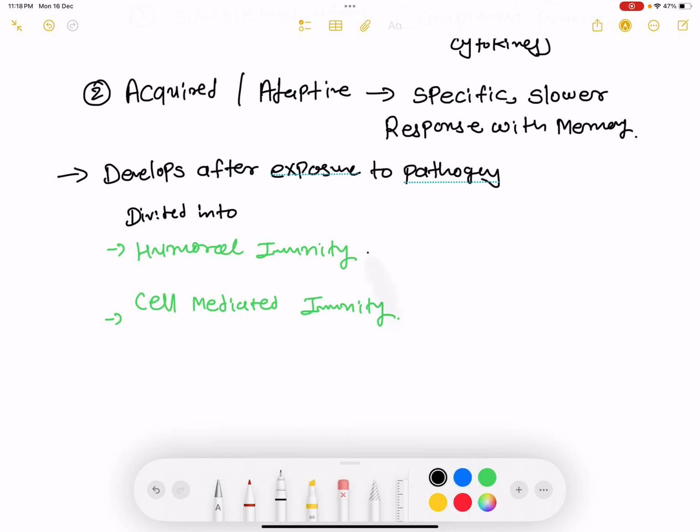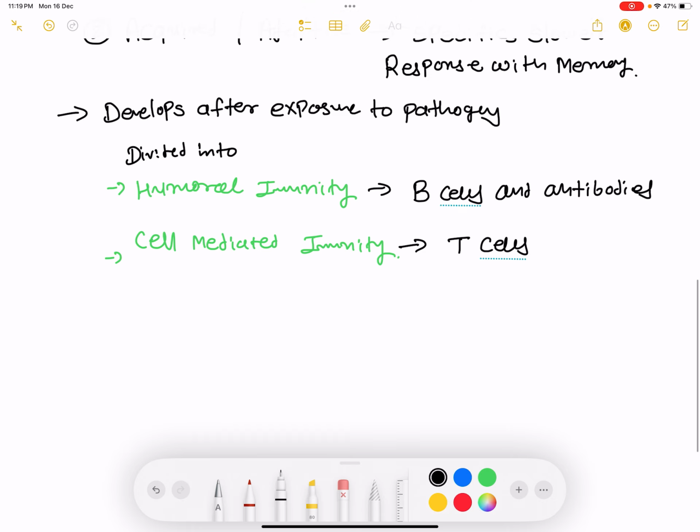Humoral immunity is mediated by B cells and antibodies. Cell mediated immunity is mediated by T cells, that is helper T cells and cytotoxic T cells. So let's remember, innate immunity is like a first responder, while adaptive immunity is more like a specialized task force. So that is the difference.